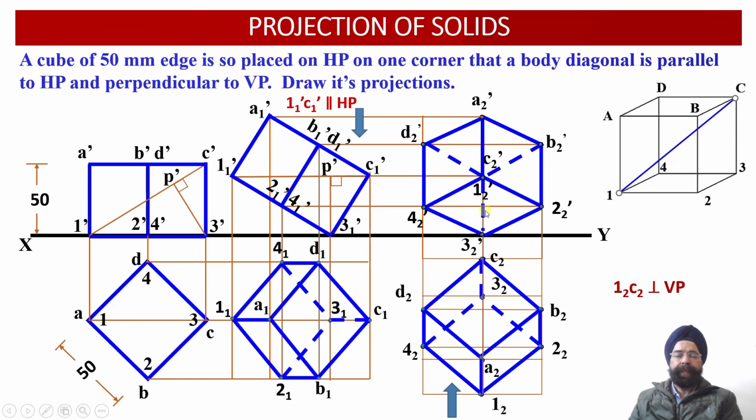So this way we can see that we have been able to obtain the orthographic front view and top view projections of an oblique cube in which the body diagonal happens to be parallel to the horizontal plane, and the same body diagonal 1 to C, it means 1_2 and C2, happens to be perpendicular to the vertical plane.